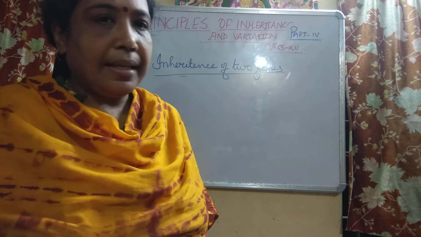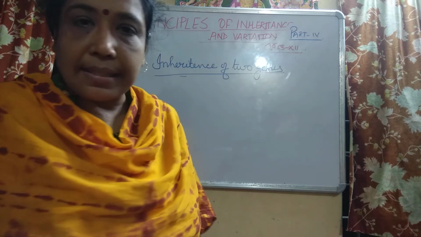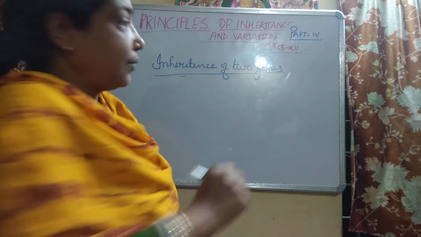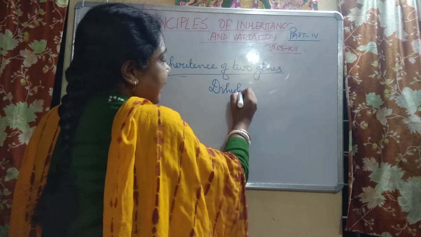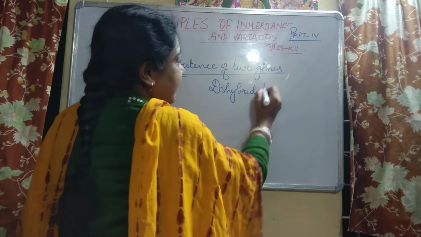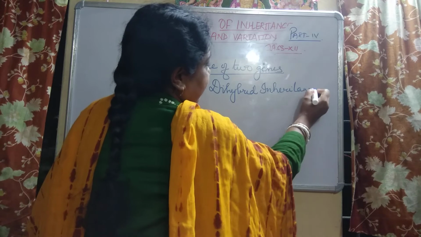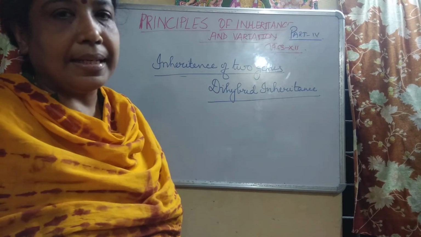I have already told you about incomplete dominance. Then we discussed test cross. But we did not discuss the dihybrid inheritance. So today we are going to discuss dihybrid inheritance.